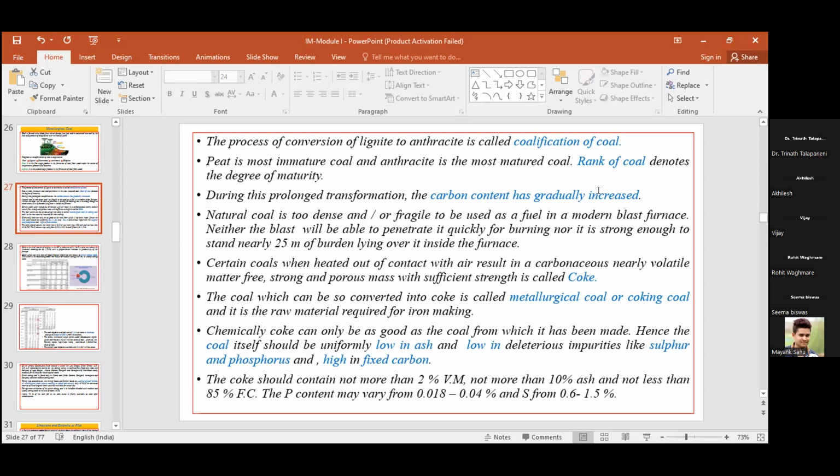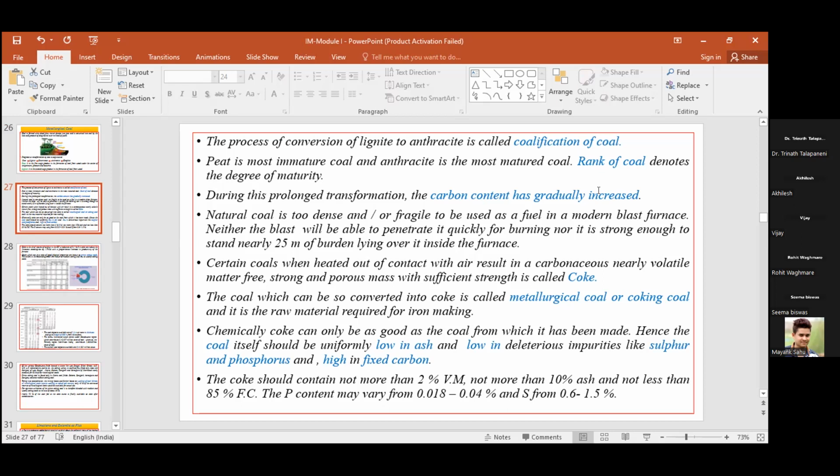That's why we convert coal into coke, where this dense carbonaceous matter will convert into a porous form of carbonaceous material having high carbon content and good strength.